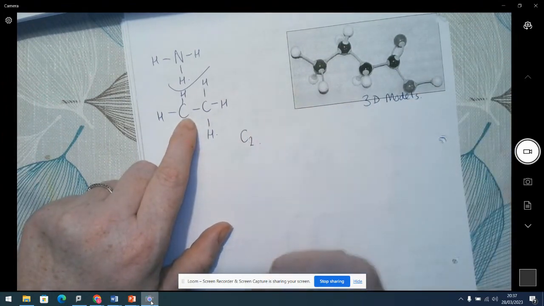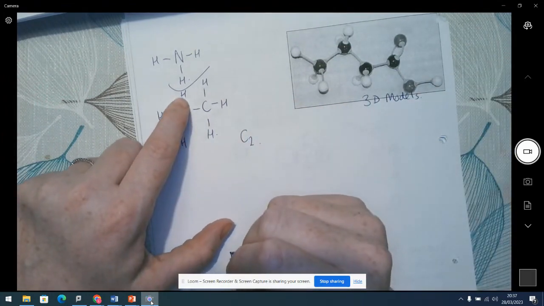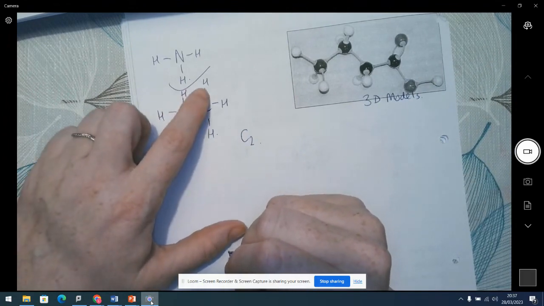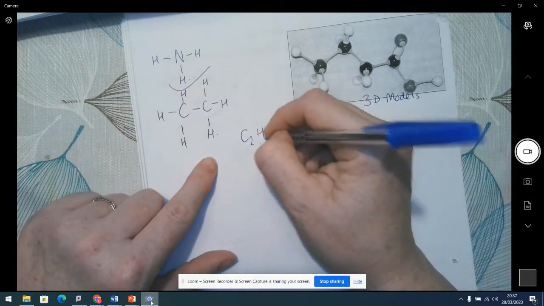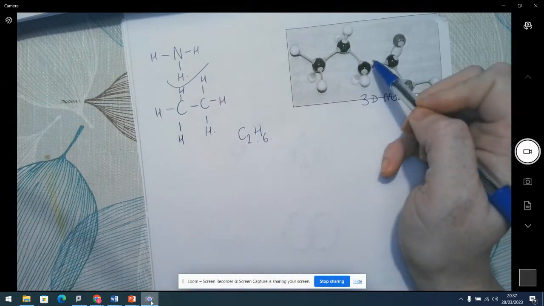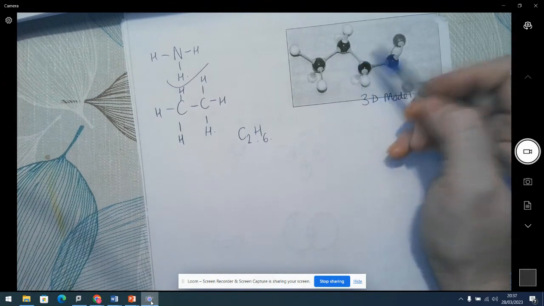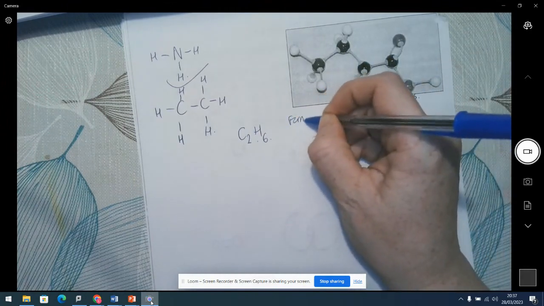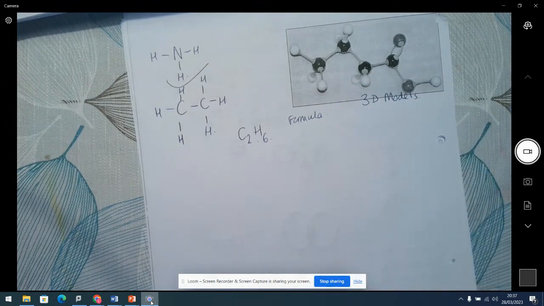So that means I've got 2 carbons, and in total, I've got 3 hydrogens here and 3 hydrogens there. So I've got 6 hydrogens in total. So it's important you're able to interpret these kinds of diagrams because you are expected to write formulas from them. So it is key that you know exactly how to work out what the formula actually is.